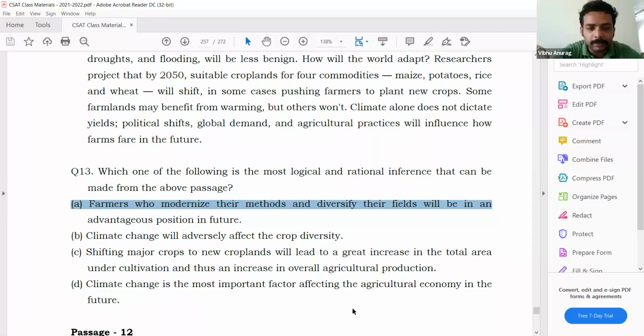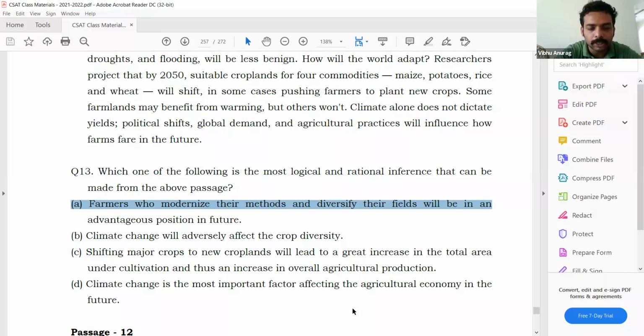Because it's not given anywhere that climate change will adversely affect crop diversity. He's saying that some crops will suffer, but others will get benefited. So we don't know whether climate change is going to negatively impact crop diversity. Nothing of the sort is mentioned.